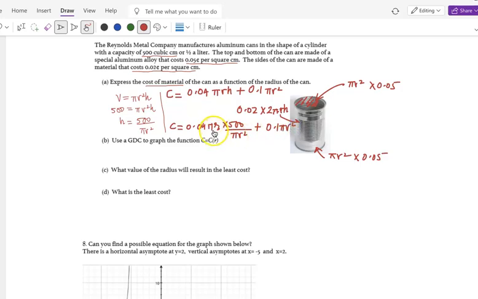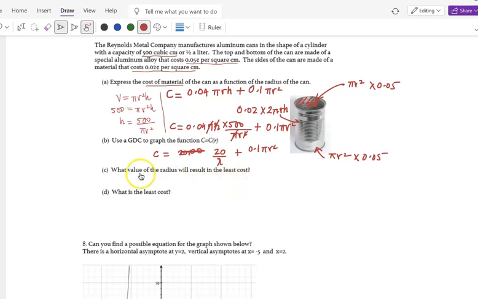Pi cancels, this and this cancel. 5 4s are 20, so your cost would be 20 upon r plus 0.1 pi r square. That's your equation. That's your cost.